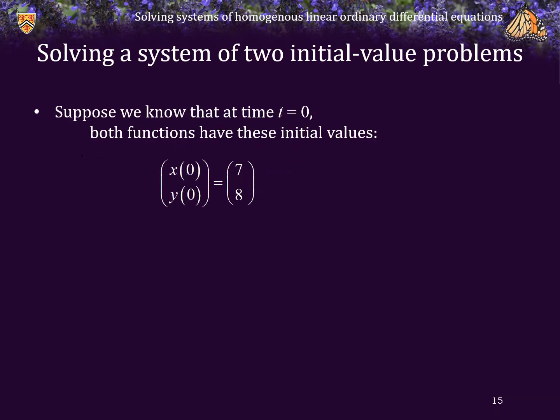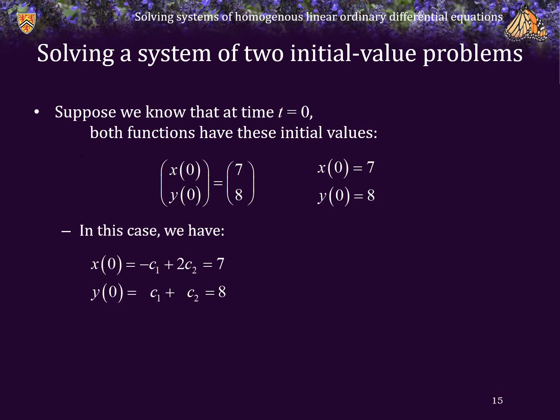So suppose that we know at time t equals 0, both of these functions have these two initial values. So x at time t equals 0 has a value of 7, y at time t equals 0 has a value of 8. So you could also write it down as two separate equations.